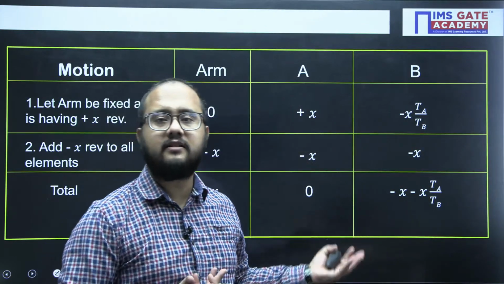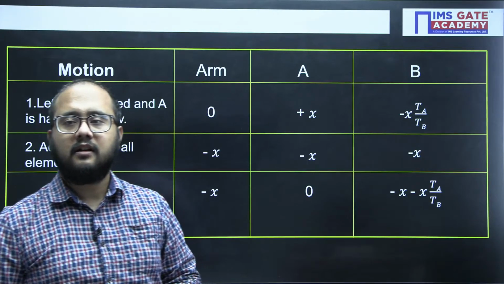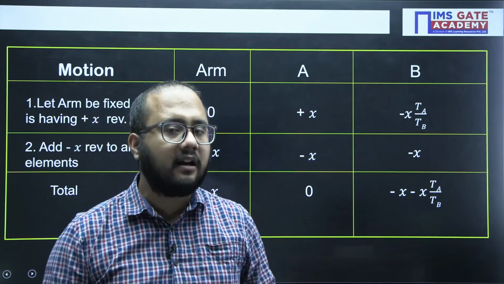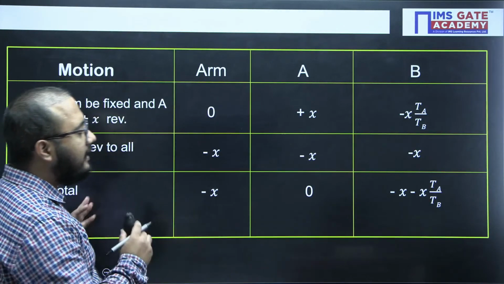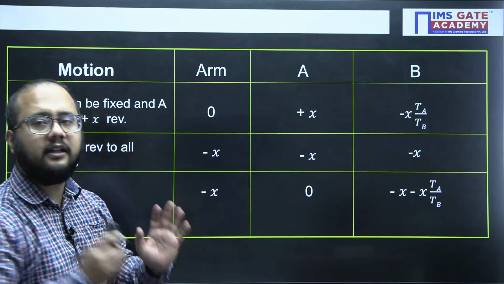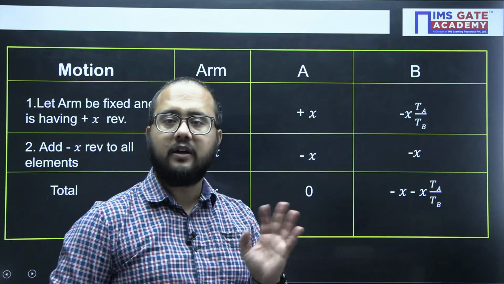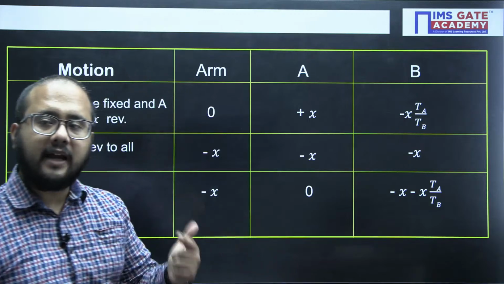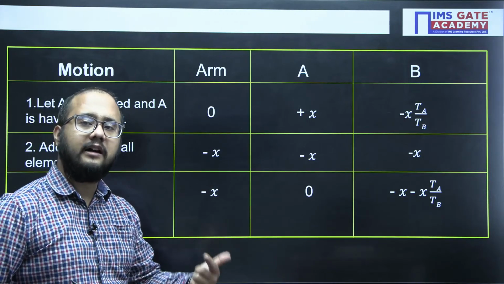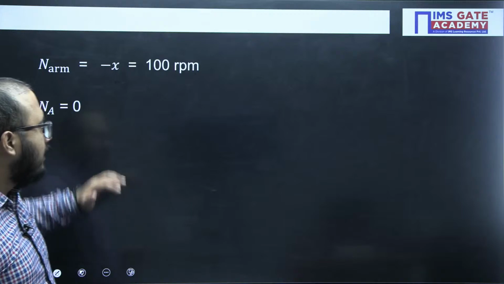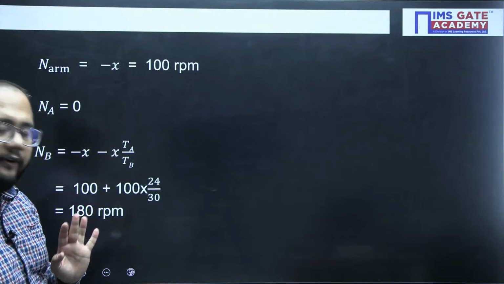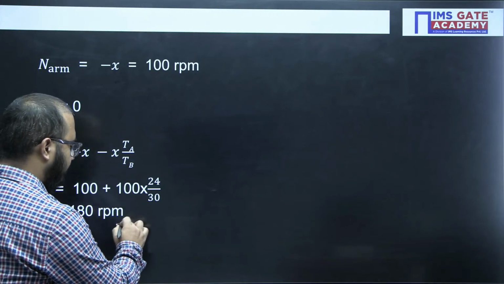In this case 2 gears are there, but more than 2 gears, or 3, 4 gears are also possible. So we will get a relationship among the different gears, and from that relationship we can find out the answer. Okay. So 180 RPM is there. Finally, we got this answer. Okay, fine.